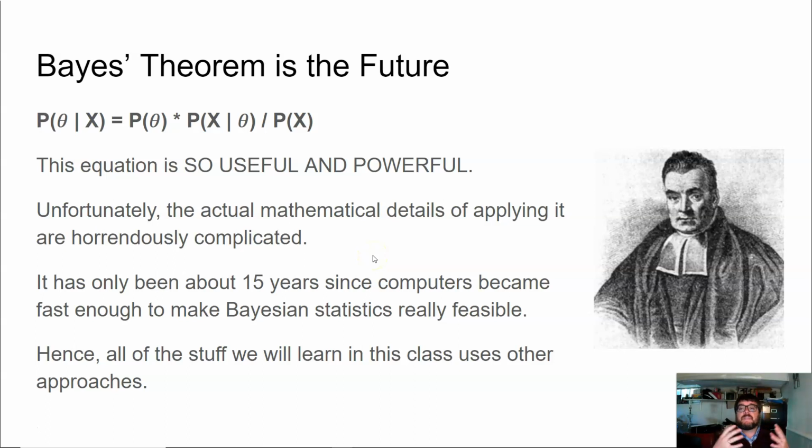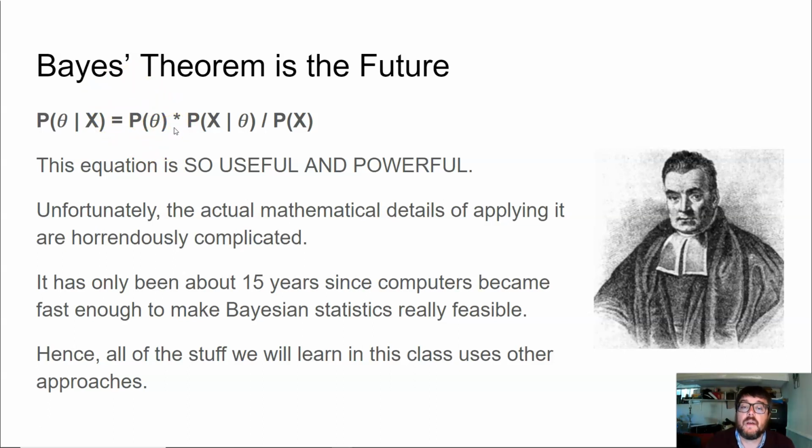So this equation has a ridiculous number of applications, and any statistical test can be framed in terms of this model. However, many of those framings are extremely mathematically intense and complicated. So, for example, just for a normal distribution, you have to say what you think the probability of any combination of mean and standard deviation might be to specify your prior to compute it. And that is a pain.